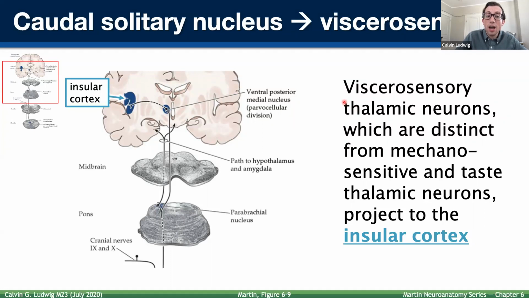So just to read, these viscerosensory thalamic neurons, which are distinct from mechanosensitive and taste, project to the insular cortex. So that's sort of the final destination of information coming through the caudal sensory nucleus mediating viscerosensation.